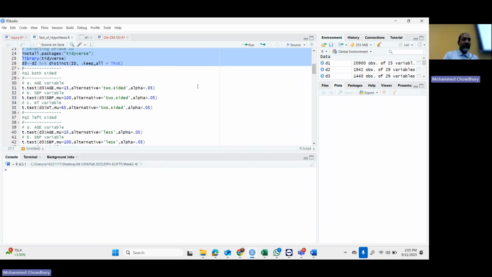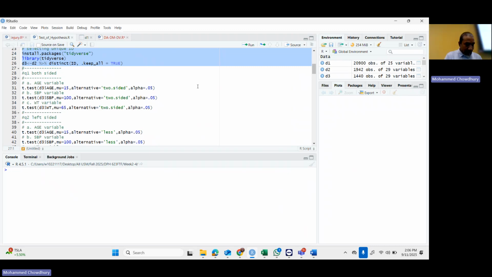Age variable is line number 31. I am writing line number 31: t.test(D3$age, mu = 15). I am testing whether mean is 15. Alternative hypothesis two-sided. That means 15 or not. And then alternative in two-sided, that is for the SBP and that is for the DBP.